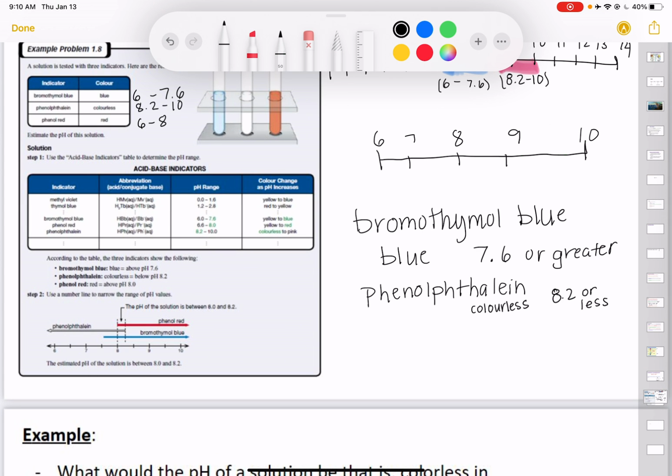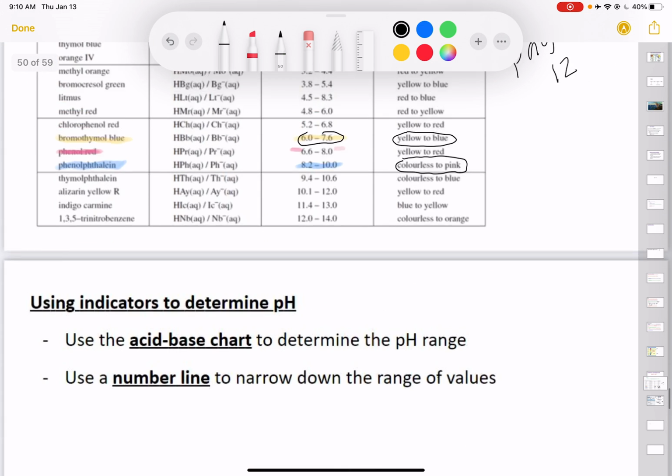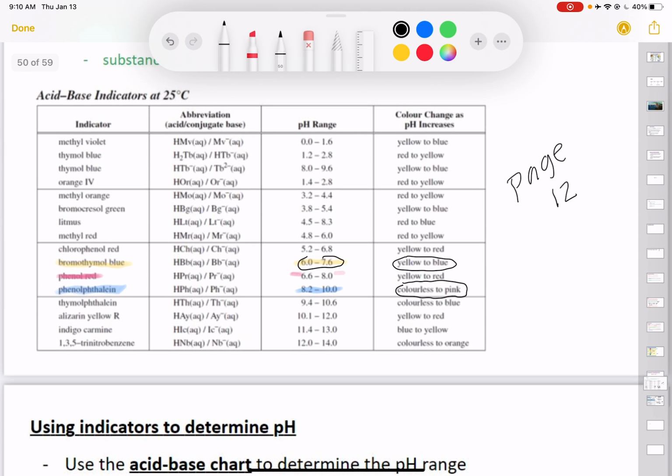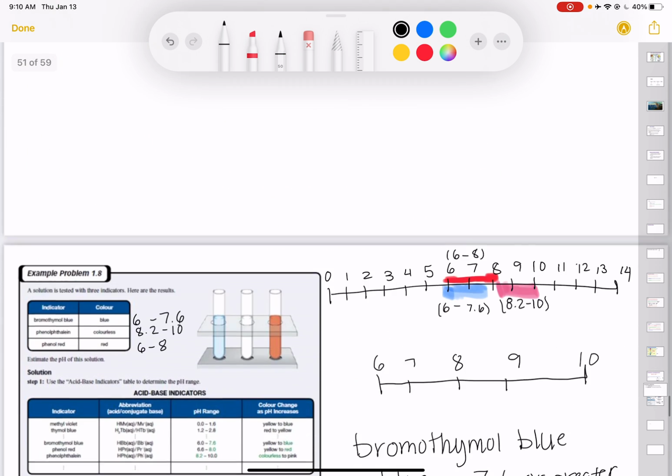And then the last one, phenol red, turns red. And red is the higher scale of it. So we're going to say that that's 8 or higher.